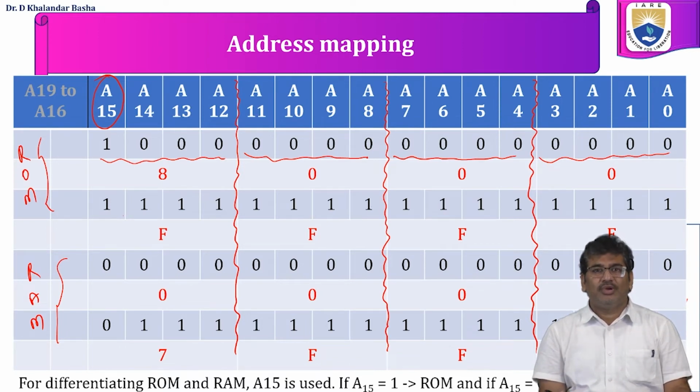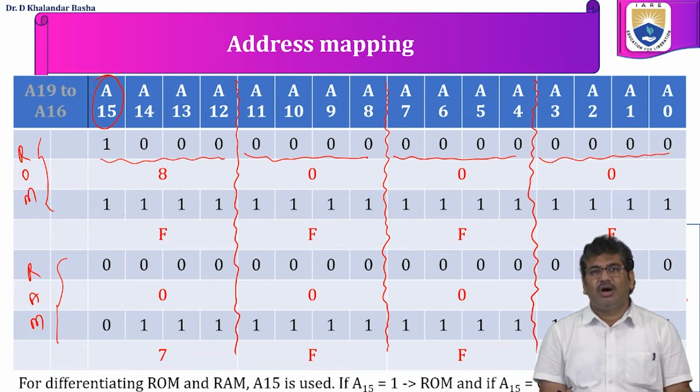These are the minimum number of address lines required. The remaining address lines, that is A16 to A19, we can write with any bit configuration. They are don't cares. For each and every bit of A16, A17, A18, A19, we can pass either 0 or 1. So in total, as it is 4 bits, 2 to the power of 4, that is 16 combinations we can generate.